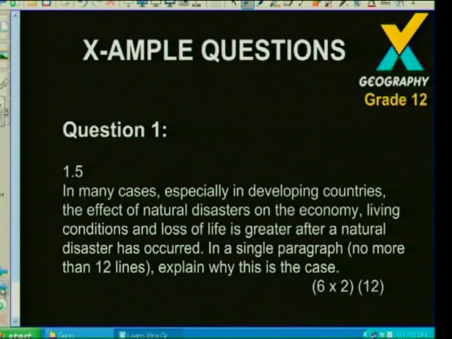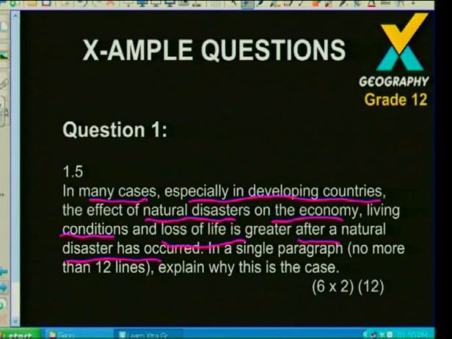In many cases, let's look at the next question. In many cases, especially in developing countries, the effect of natural disasters on the economy and living conditions and loss of life is greater than after natural disasters have occurred elsewhere.